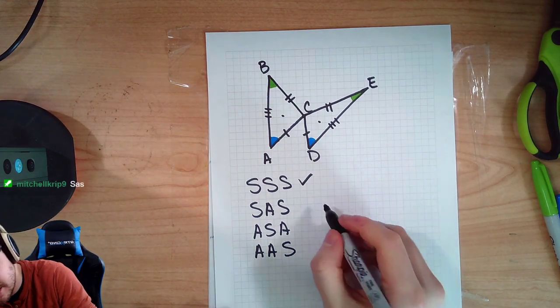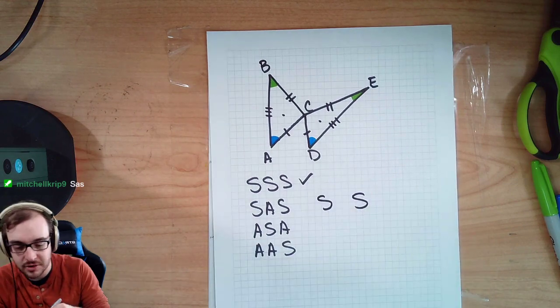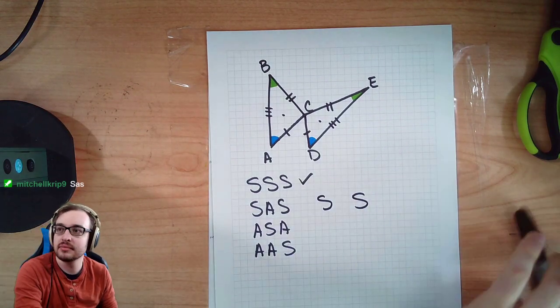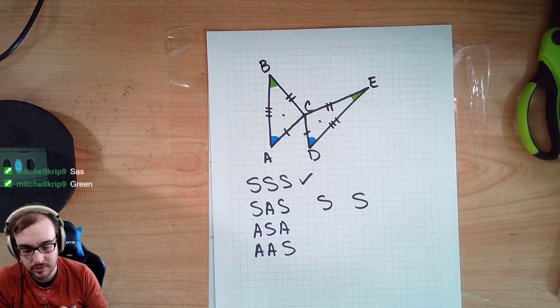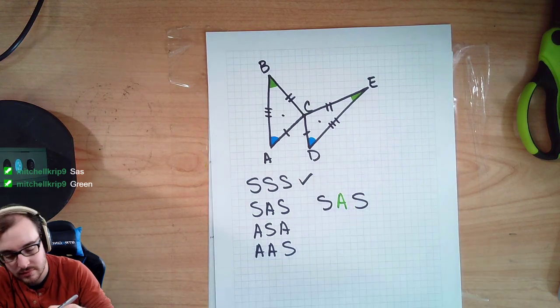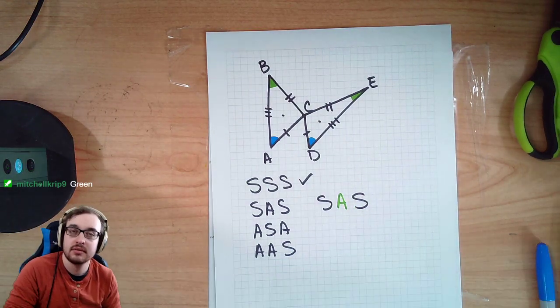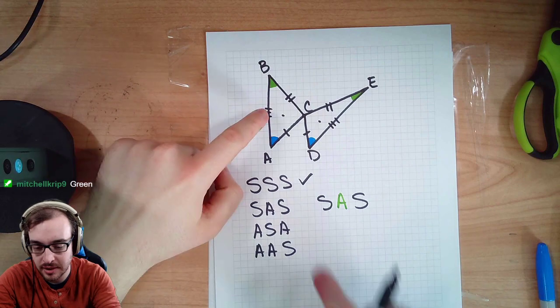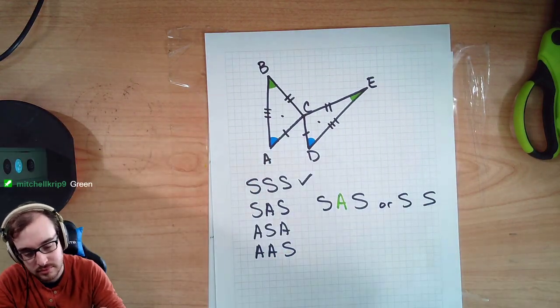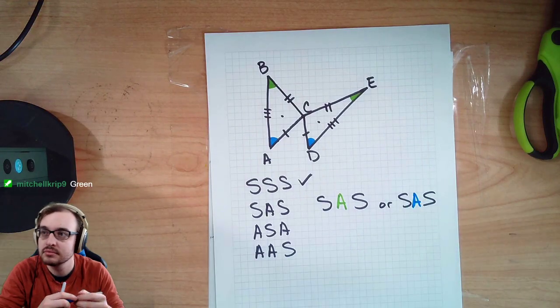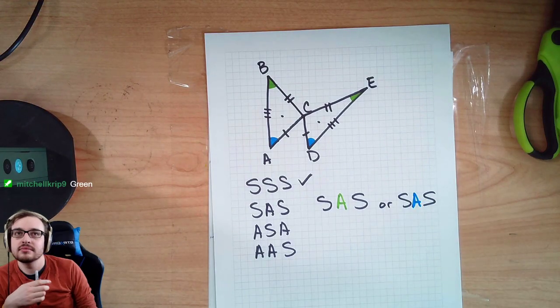Where do you see the side angle side? What angle are you using for the side angle side? Blue or the green? Green, okay. You could also use blue, couldn't you? Right? What about angle side angle?